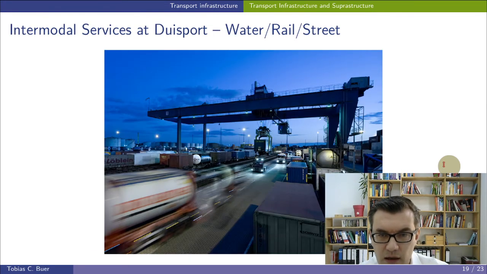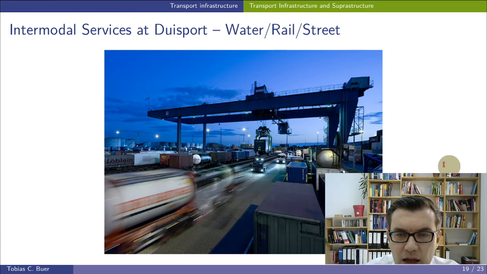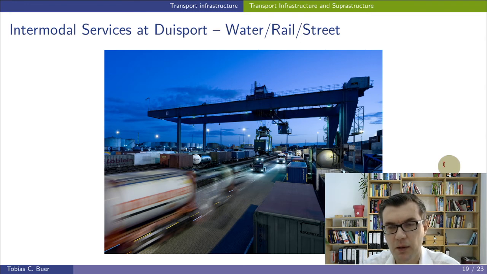Here you see another example where the transshipment is happening. Here you see in Duisport the trucks bringing containers inside the port, and then the containers are transshipped onto railway. Though also this is a port, the transshipment might happen from land transport via truck to land transport via train.